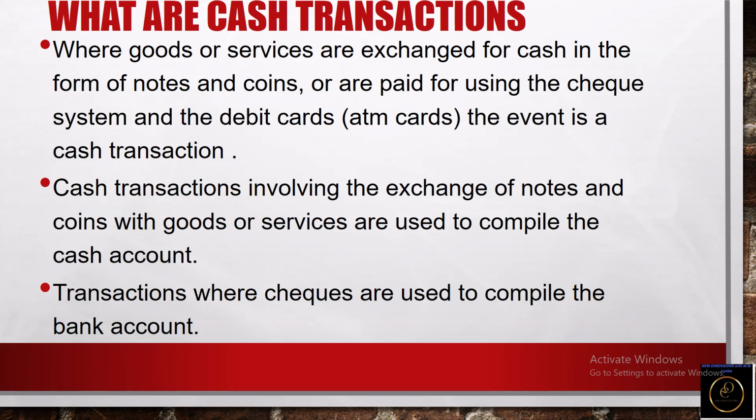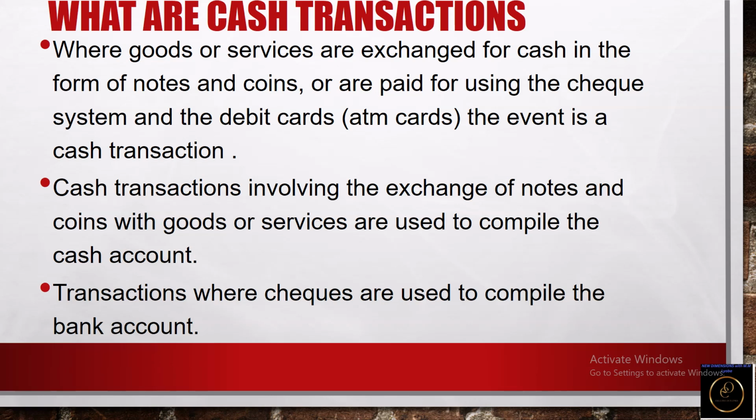Cash transactions involve the exchange of notes and coins for goods or services, as I've said, and these are used to compile the cash account. A cash account is found in a ledger.